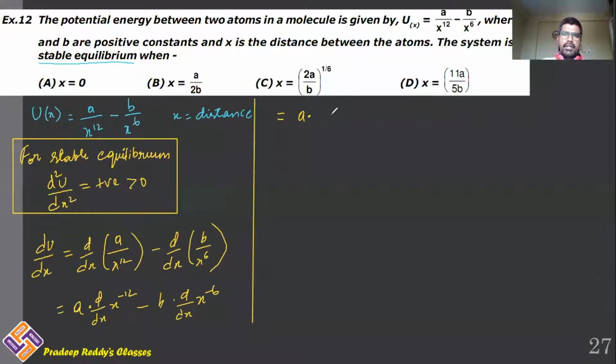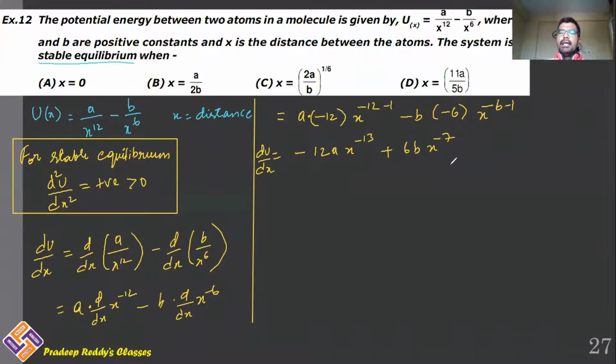It is minus 12 into x power minus 12 minus 1, minus b into minus 6 into x power minus 6 minus 1. This is minus 12a x power minus 13 plus 6b x power minus 7, and that is du by dx.